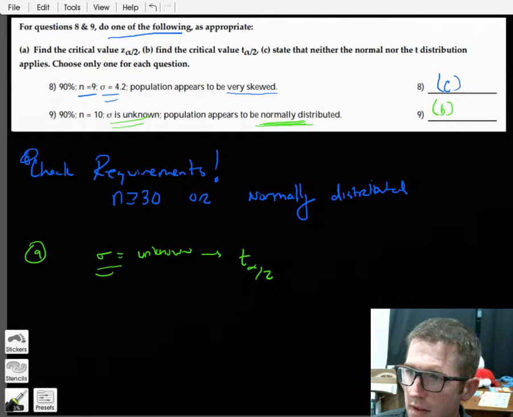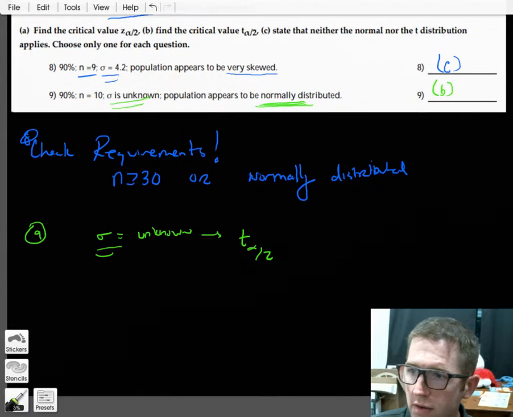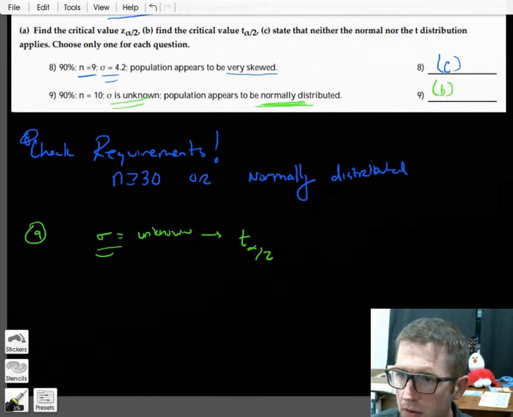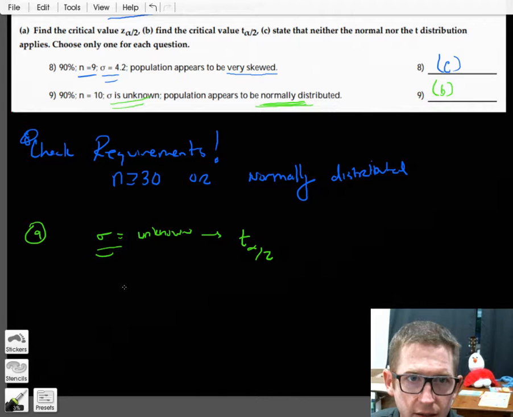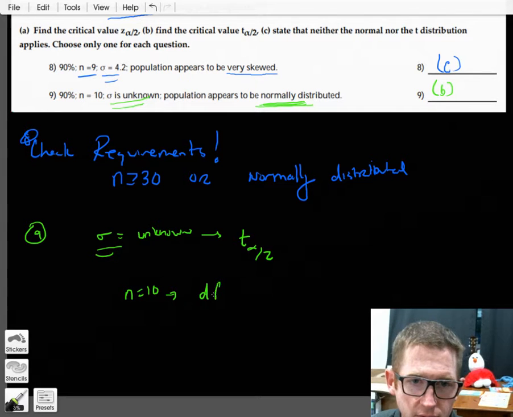Okay, so if we have to find the critical value T alpha over 2, it would actually be pretty simple. We can look at table A3, and if N is 10, then we have 9 degrees of freedom. So the degree of freedom is equal to 9.